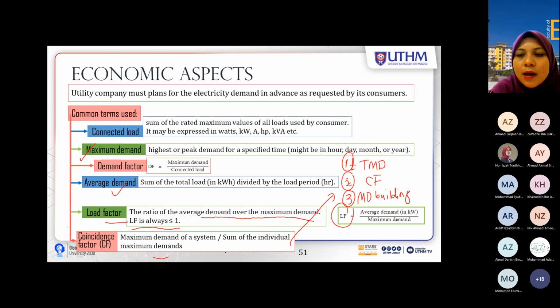Jangan risau, nanti saya akan tunjukkan satu-satu sebenarnya biar awak nampak dalam chapter 2 nanti. Okay, so maximum demand sama dengan TMD kali dengan CF sebenarnya. Maximum demand building. Okay, that's why dia kata CF sama dengan MD bahagi dengan TMD.